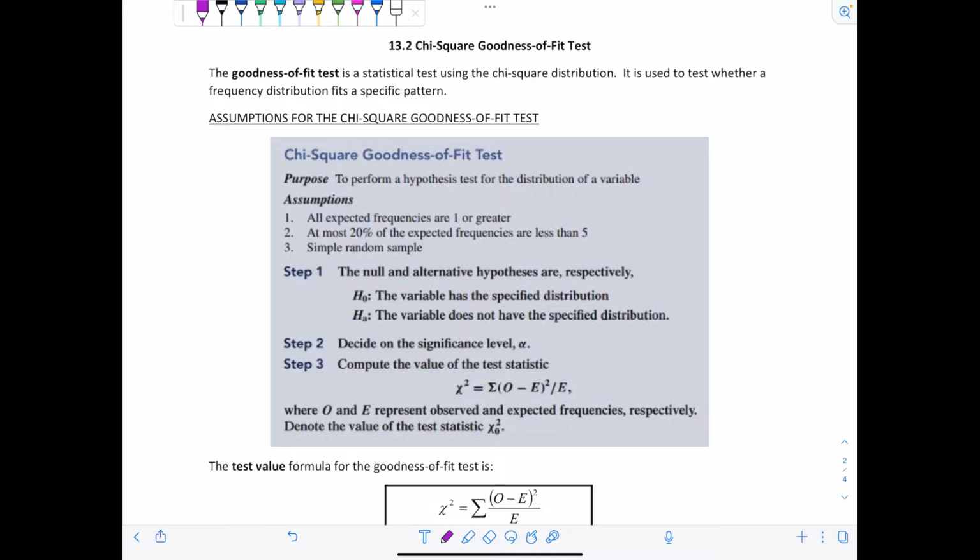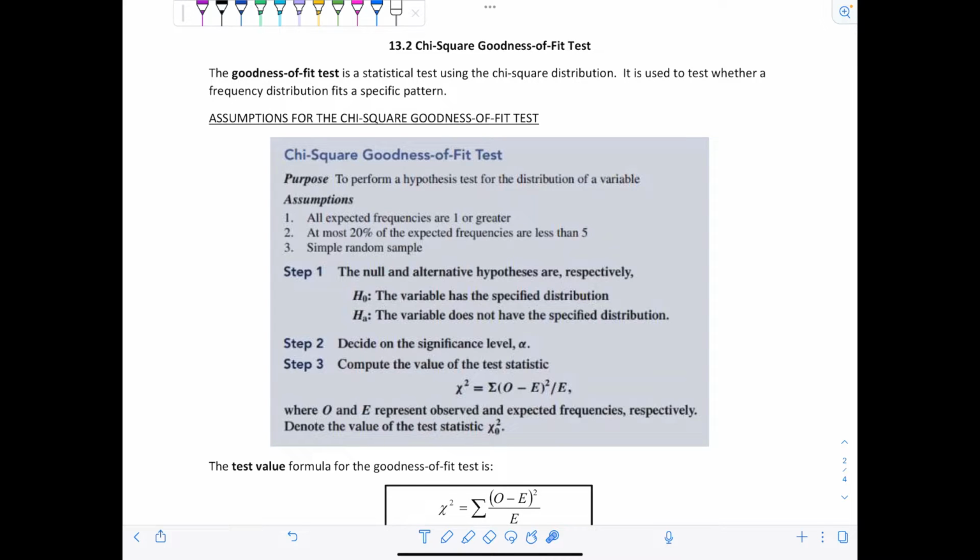Some of the assumptions that need to be satisfied first are that all of the observed frequencies are 1 or greater, at most 20% of the expected frequencies are less than 5, and that the data comes from a simple random sample. This might not make sense right now until we look at some examples, so don't worry.